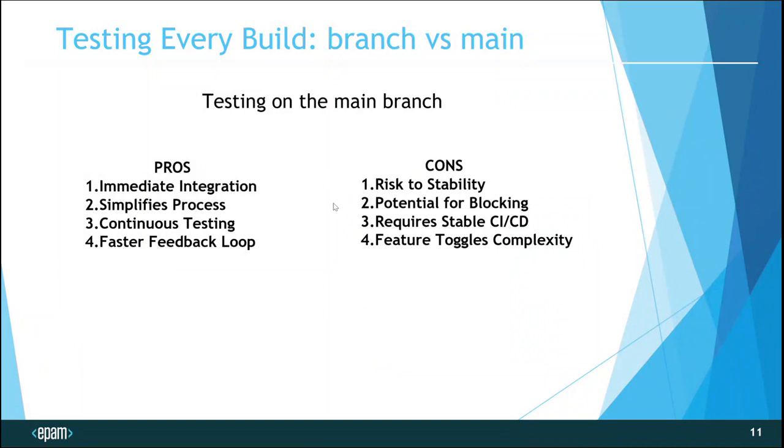First of all, it is a risk of stability, because very often you need your main branch to be stable to be able to deploy it on production at any time. But introducing new features directly into the main branch can risk the stability of the code base. Potential blocking of different activities.